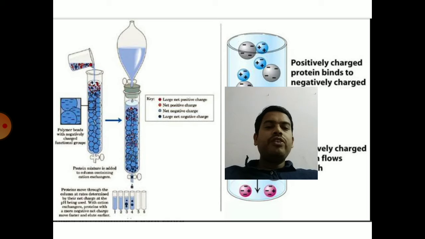For example, if you want to separate positively charged proteins from negatively charged proteins, positive charge means cations, so you will be using a cationic exchanger. Cations have positive charge, and the cationic exchanger has negative charge. If you want to separate anions, which are negatively charged, you use an anionic exchanger, that means a positively charged exchanger.